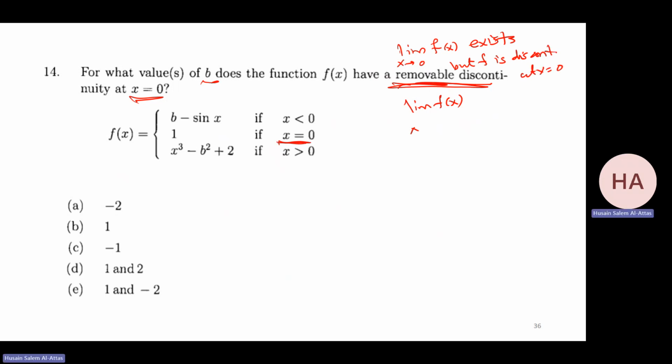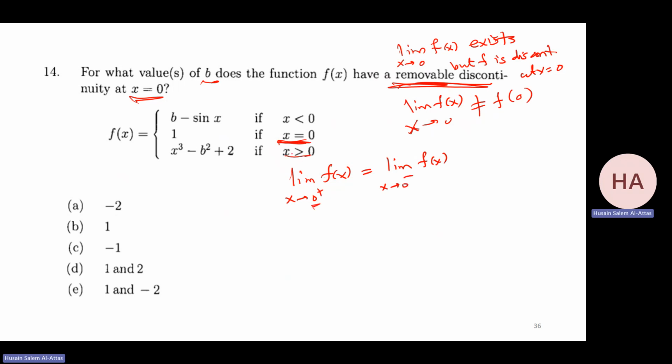But since f at 0 is defined, that means the limit as x goes to 0 should not be equal to f at 0. So I need to check the limit of f of x. That for sure should exist. So the limit of f of x as x goes to 0 from the right equals the limit as x goes to 0 from the left.